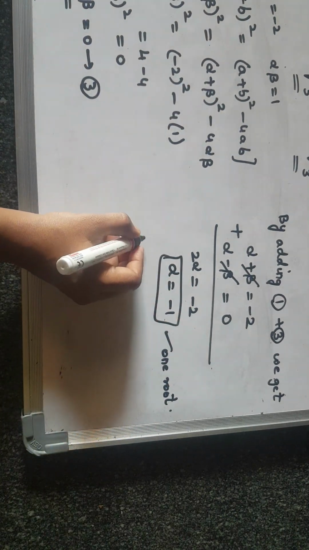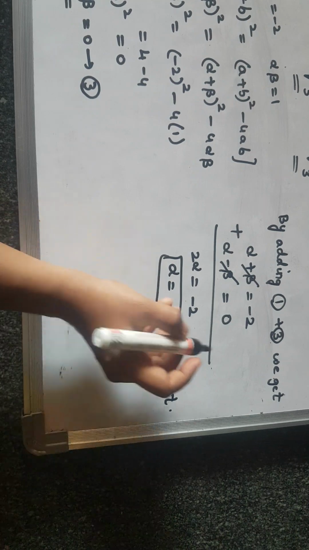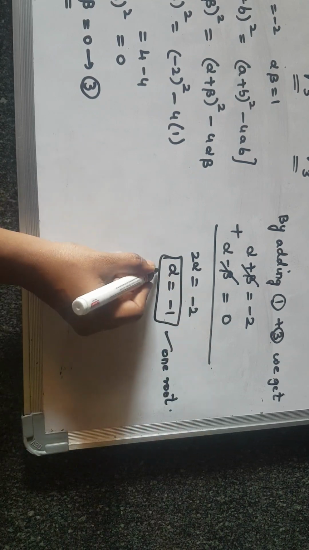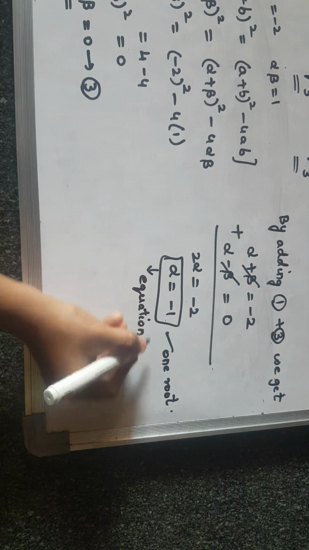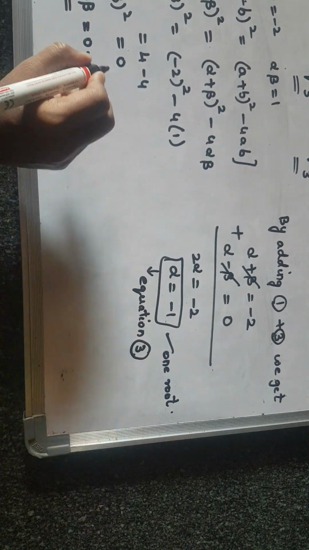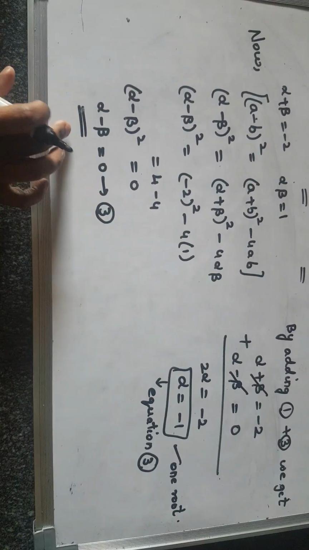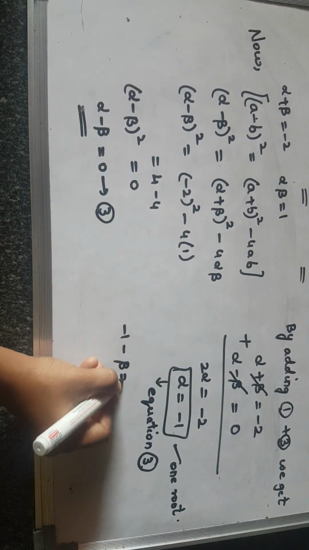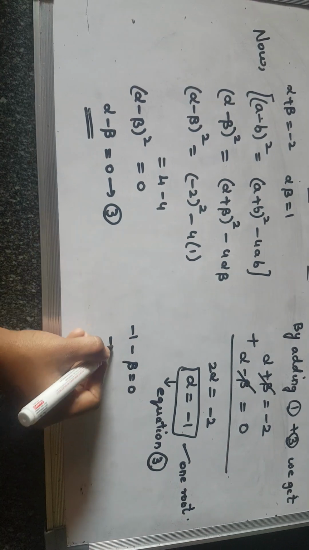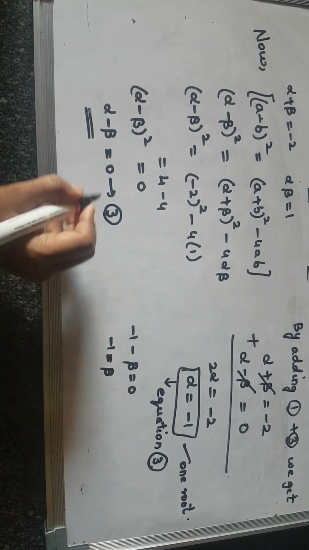Okay, now put alpha equals to -1 in equation 3. Put this value in equation 3. Okay, we have considered equation 3 means this. Okay, -1 minus beta equals to 0. Here -1 equals to beta.